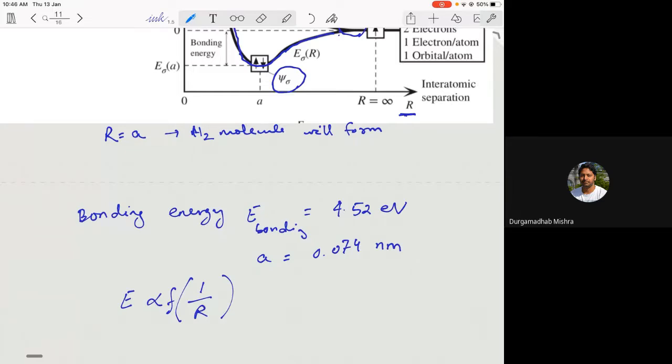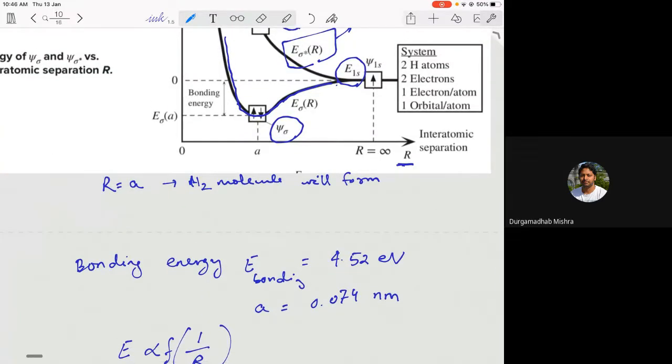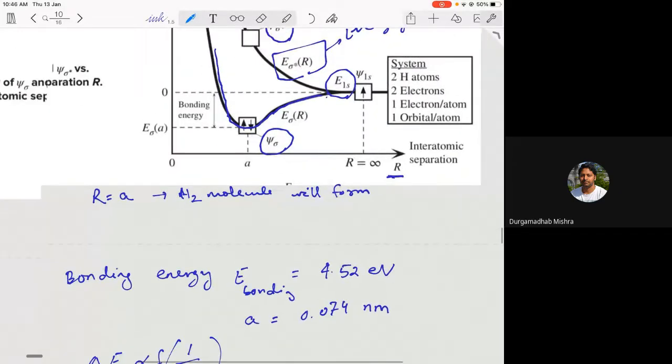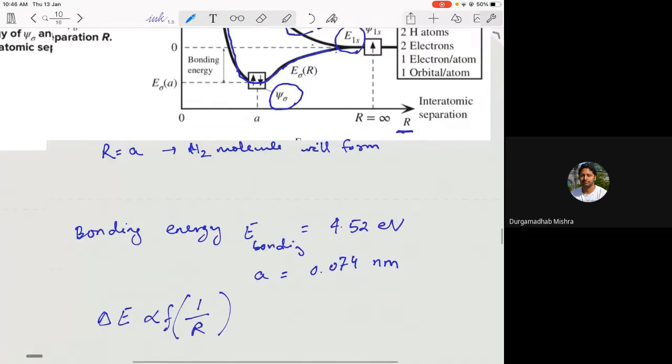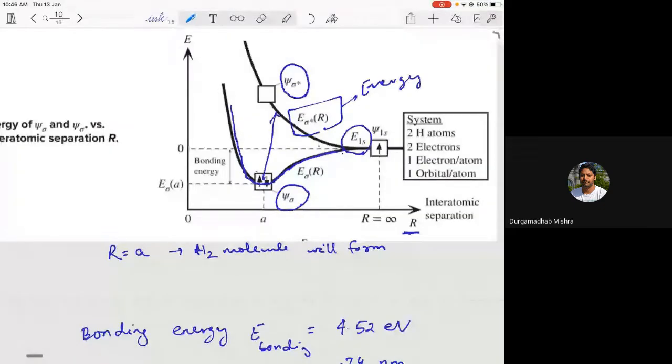Or rather the energy difference, delta E, more or less. So what is delta E here? This delta E is nothing but the separation between the energy of the anti-bonding molecular orbital and the bonding molecular orbital.